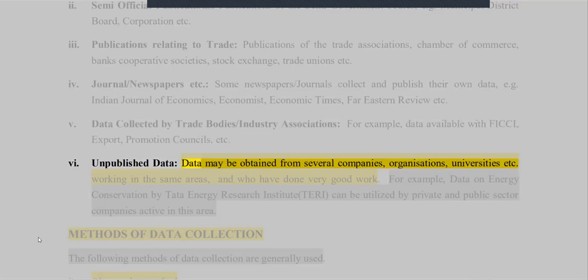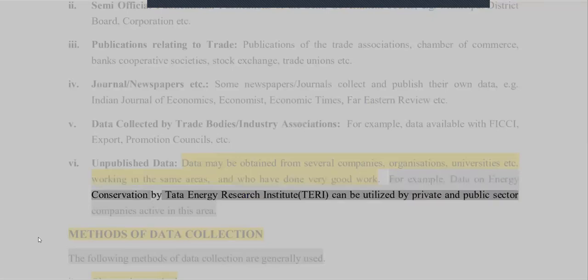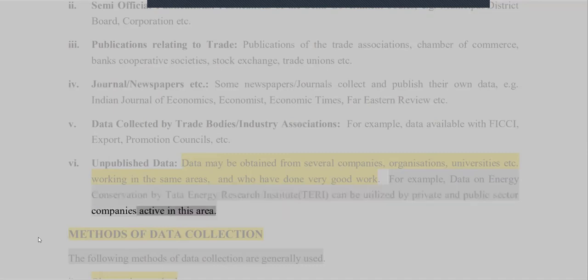Unpublished data. Data may be obtained from several companies, organizations, universities, etc. working in the same areas and who have done very good work. For example, data on energy conservation by Tata Energy Research Institute, TERI, can be utilized by private and public sector companies active in this area.